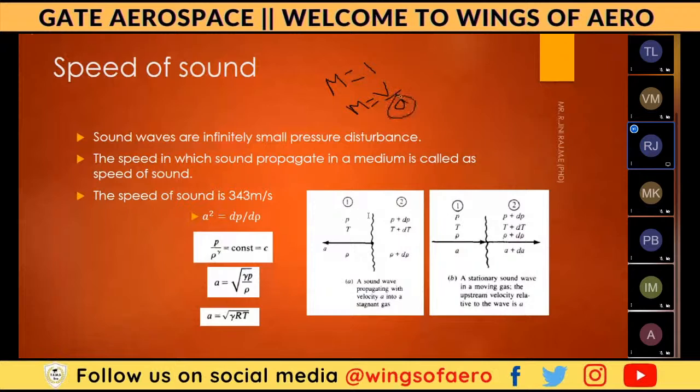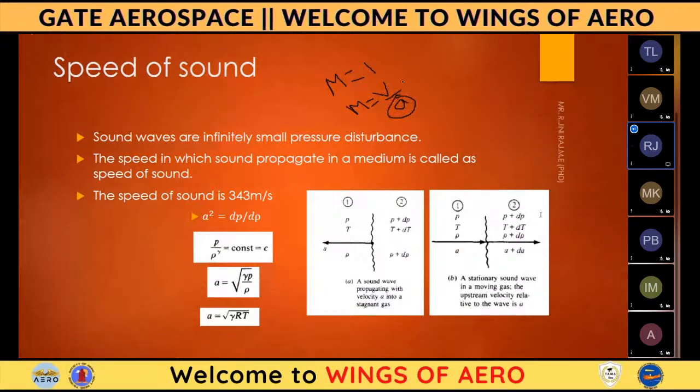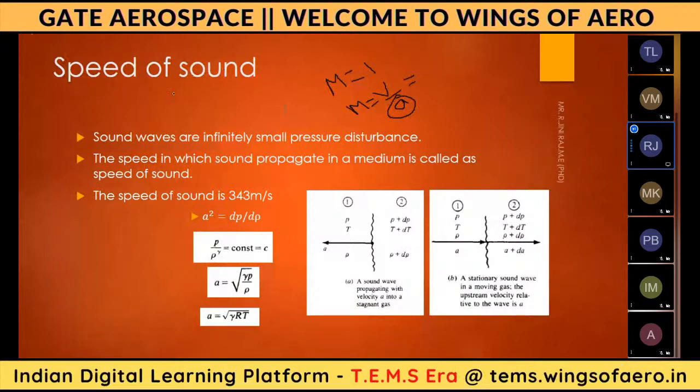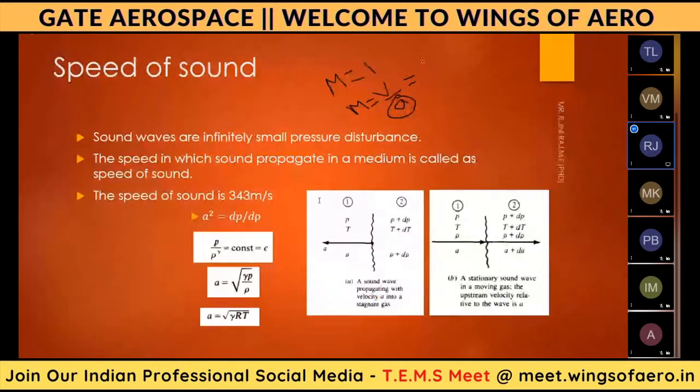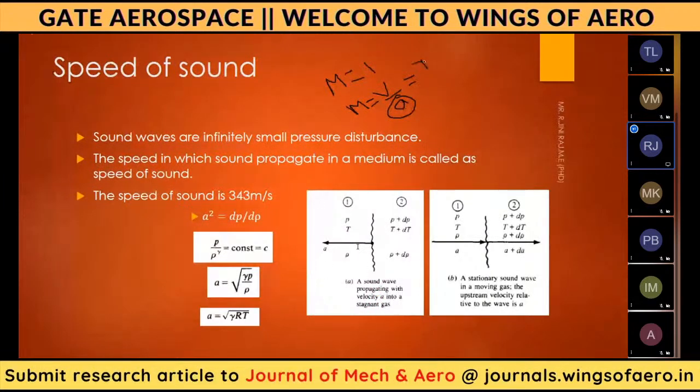If the object is moving at a velocity equal to the speed of sound, then the value will be 1. The speed of sound is 340 meter per second.